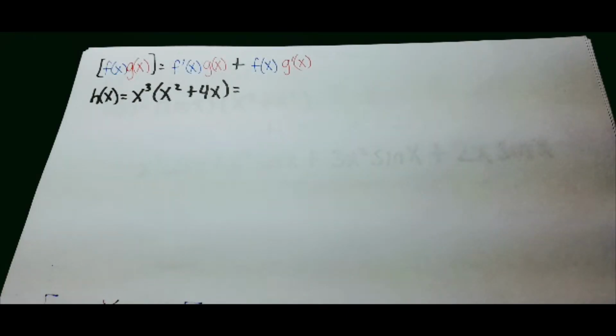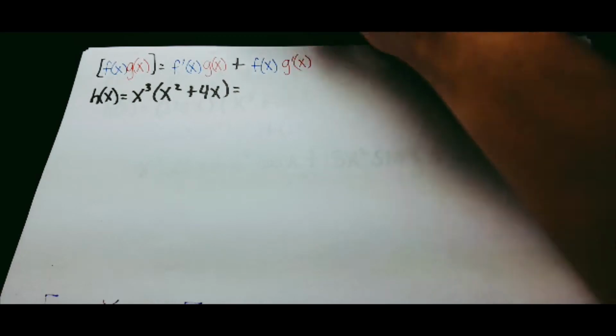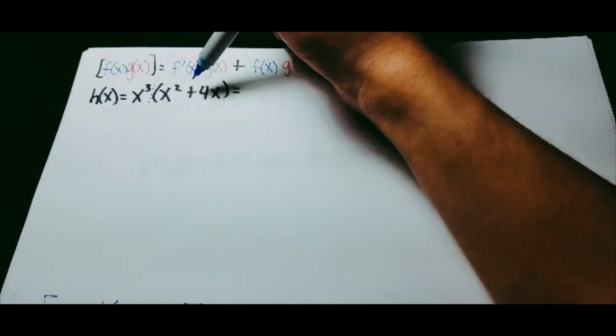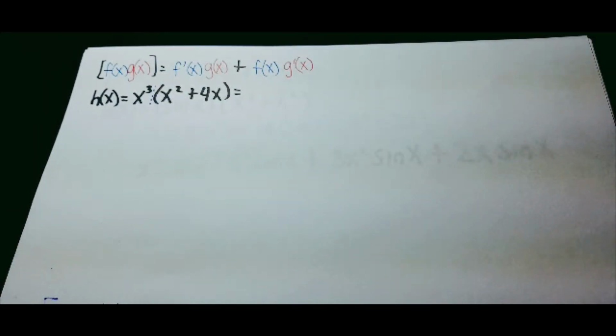Okay, so here we have x to the third times x squared plus 4x. So what I recommend doing is try to visualize some kind of divider here. That way I have my f of x and g of x. So in this case, using product rule, we can find the derivative.